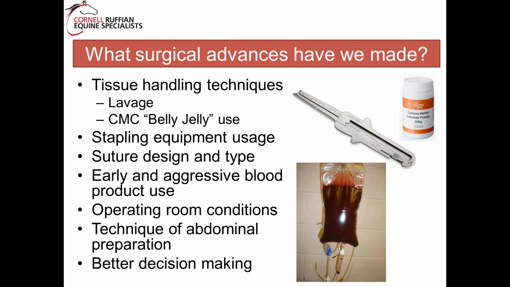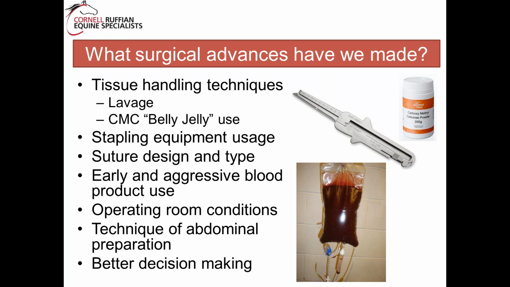Other surgical advances, I'll show you some numbers at the end, but the numbers of survival are definitely improving, certainly since colic surgery was reported mainstream. Tissue handling techniques use a lot of lavage and a lot of what's called CMC, which is carboxymethylcellulose, or belly jelly, a nice lubricant that the surgeon can use while handling the tissue.